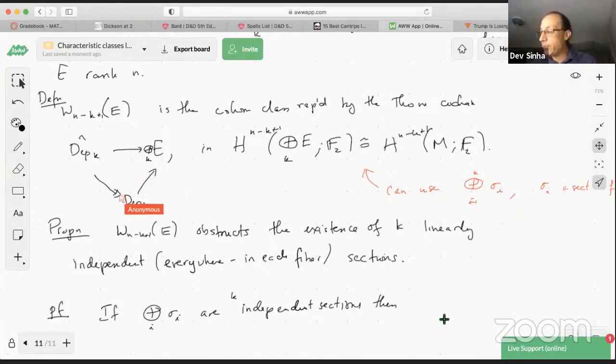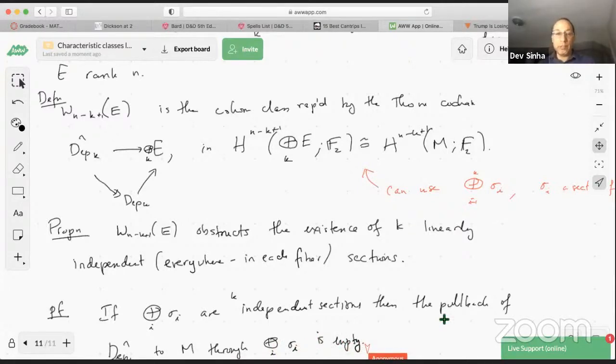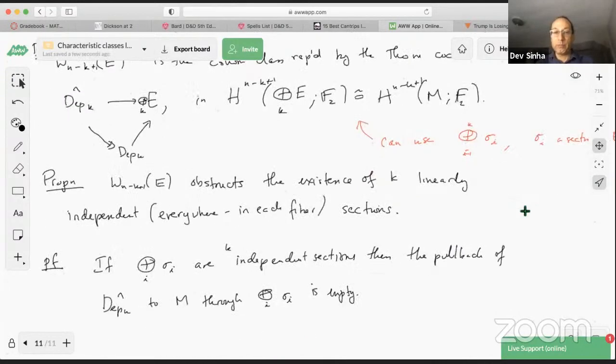This is surjective. So if those are independent sections, then the pullback of dep k hat to M via these sections is empty, because by definition that direct sum of sections isn't going to intersect dep k, which is the image of dep k hat. And so, yeah, that pullback is empty.